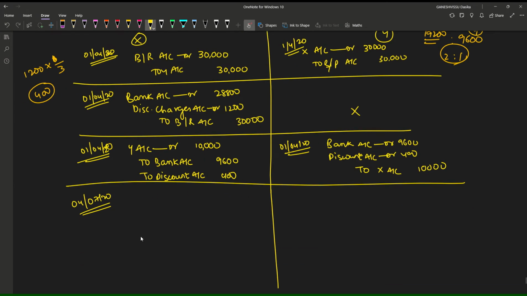Okay, what would be the entry? Y account debit to bills payable account for 42,000 rupees.